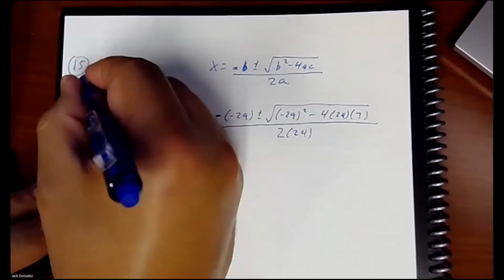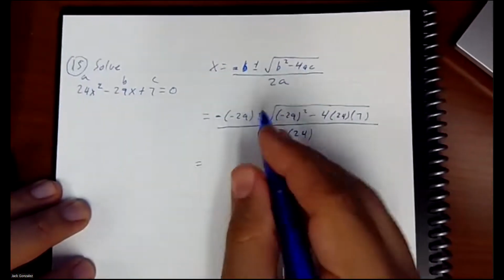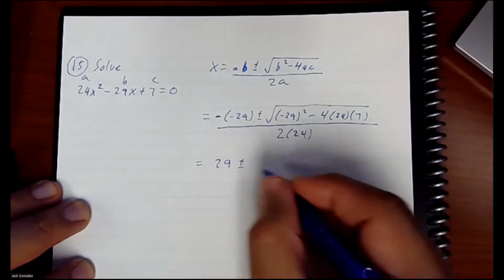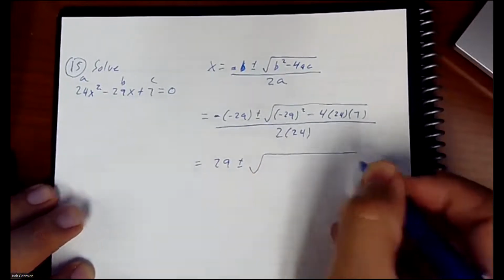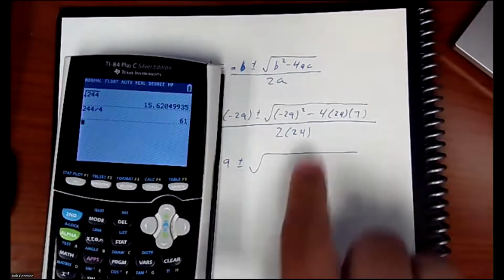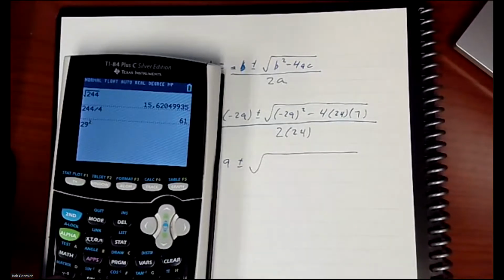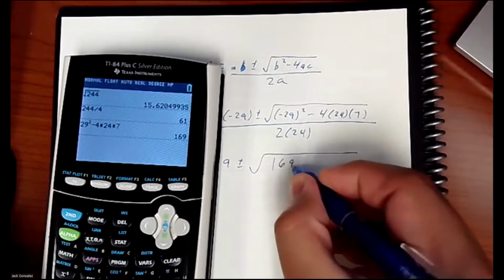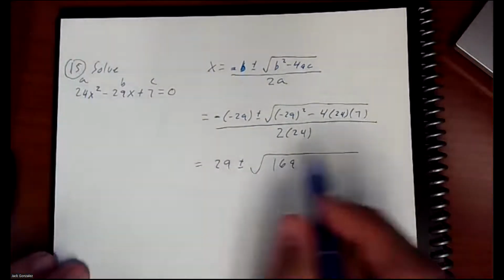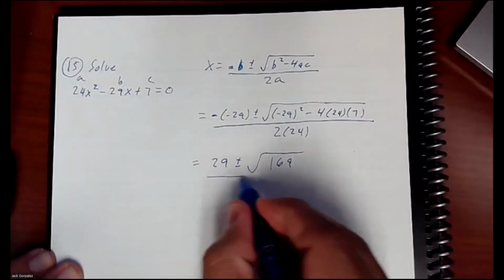This is my a, b, c, obviously. Minus, minus. I don't know what this is. Let's see. One on the side, that's a negative 20, so 29 squared doesn't really matter. Minus 4 times 24 times 7, so that'll be inside right there. Over 48.